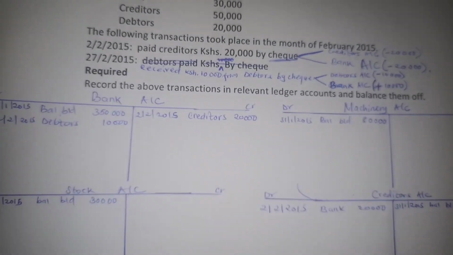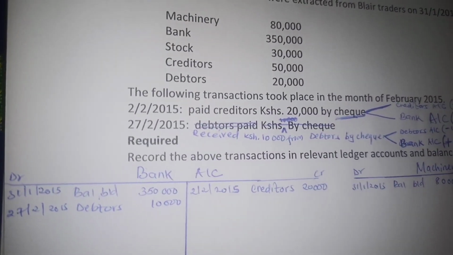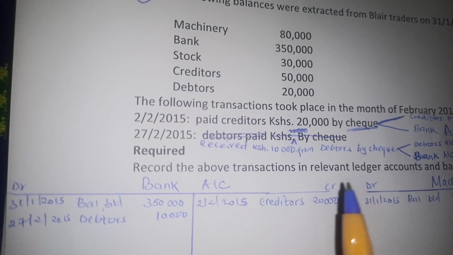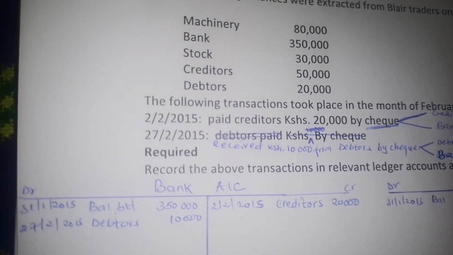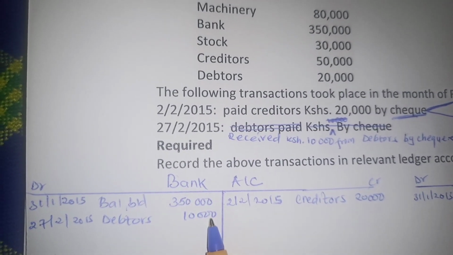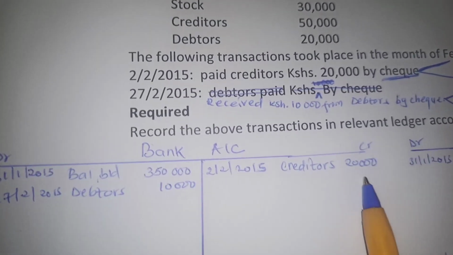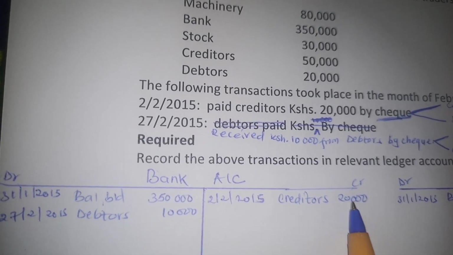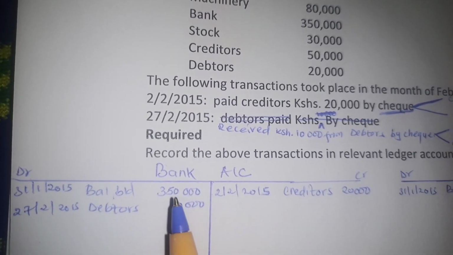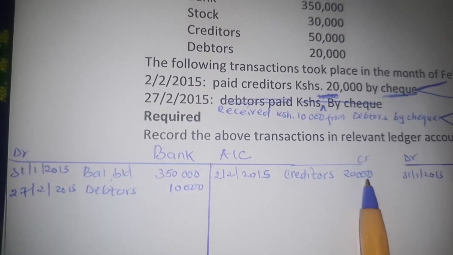The next thing is to balance. How do we balance? Now you compare between the debit and the credit side. Which one is a bit higher? For instance, we have 350 plus 10,000, that is 360 on the debit side. On the credit side, in this account, we have 20,000. So clearly, the debit side is bigger than the credit side.